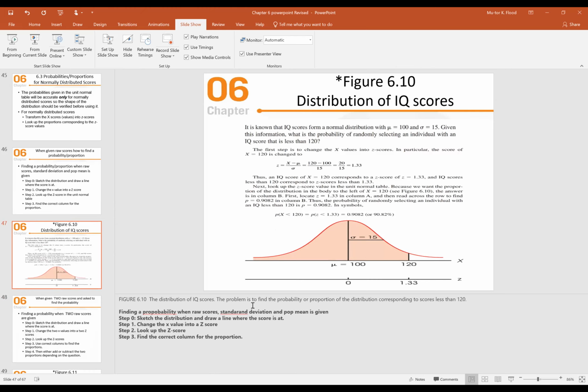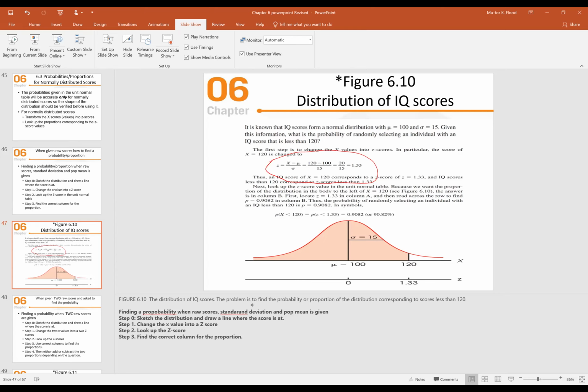All right. So the first step, after we have drawn this out, which is shown below, is to change the x value into a z-score. All right, and so we put in all the information. Here's our z-score formula, and so the raw score is 120.